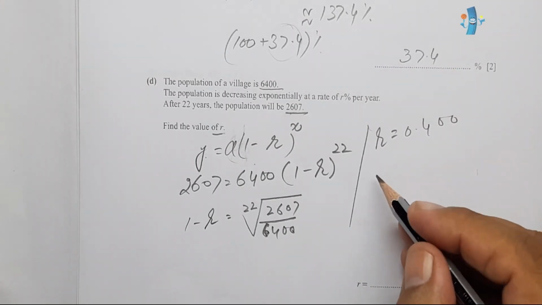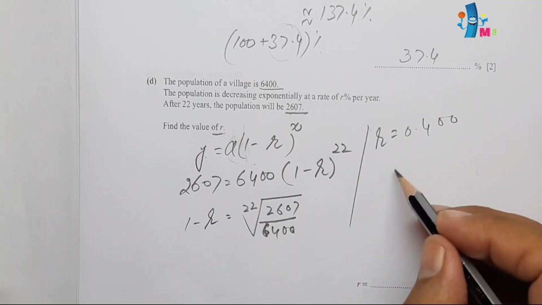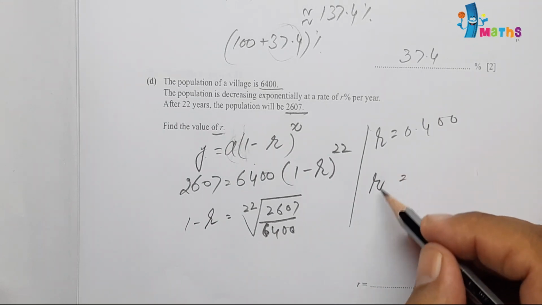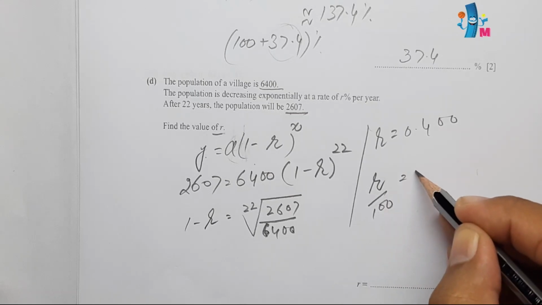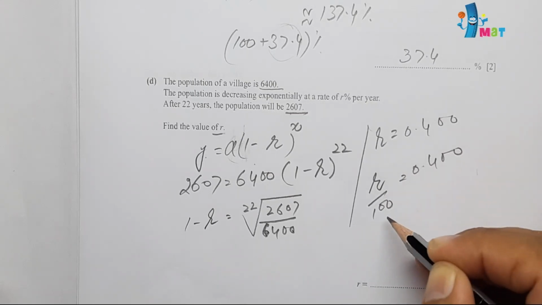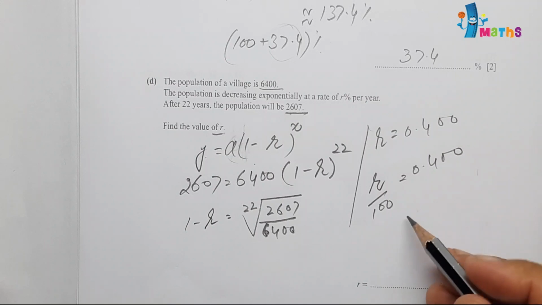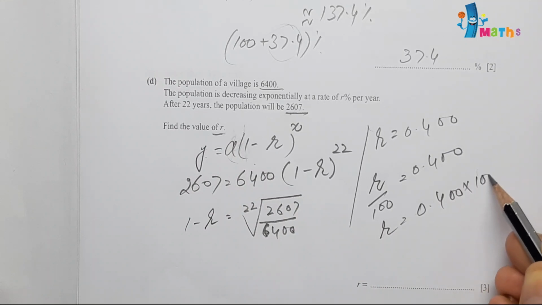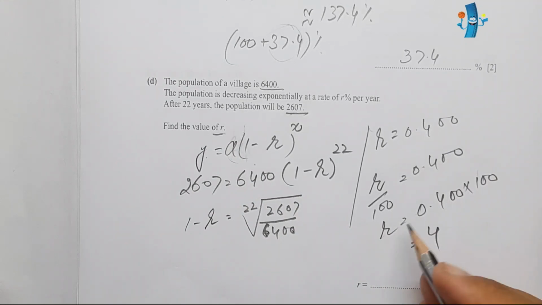If we check the percentage, r over 100 is equal to 0.400. In terms of percentage, the rate r is equal to 0.400 into 100, so this will be equal to 4. So the rate will be 4.